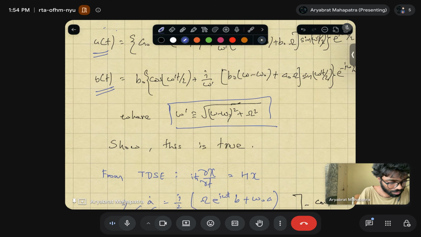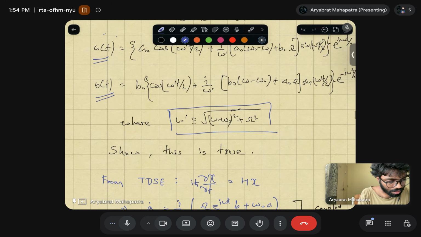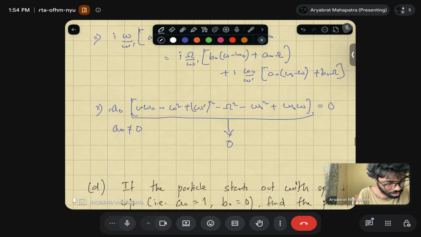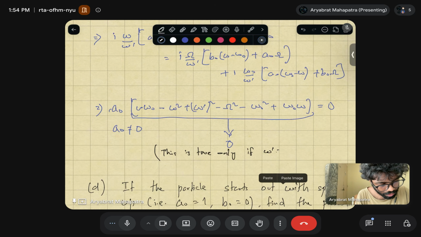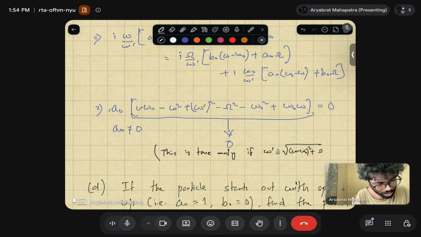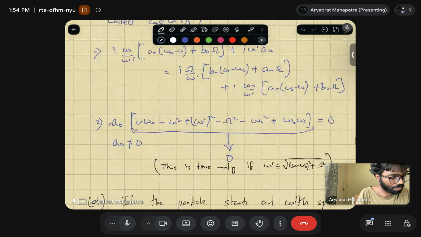So this is your Rabi frequency. So this Rabi frequency, if you use this here in this expression, this is true only if omega prime is defined to be omega minus omega naught square plus omega naught square.